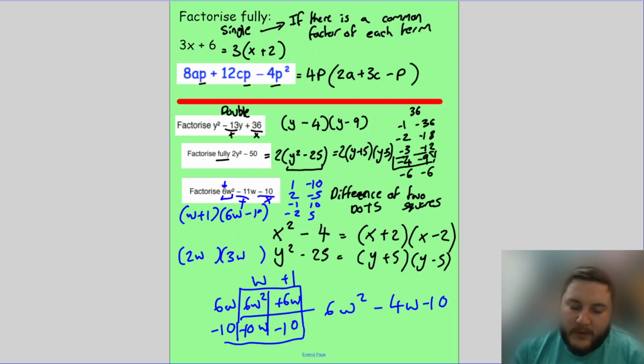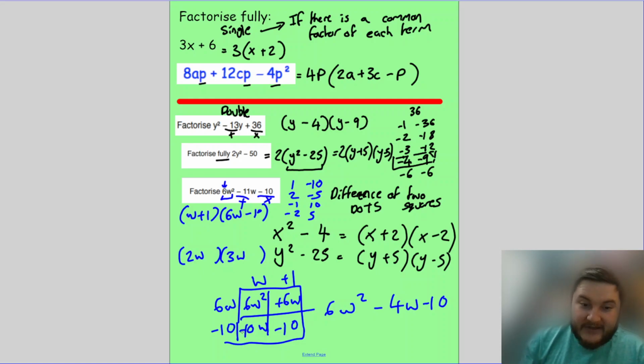Now, the point I'm trying to make here is that, did you notice how when we put this 1 here, usually when you expand, it's just going to be 1 times W is 1W. But that's not true in this case. It was 1 times 6W. So this coefficient ended up getting multiplied by 6, right? So the number that you put in the opposite bracket to the 6W is going to end up getting multiplied by 6.